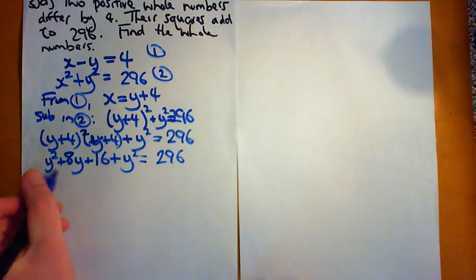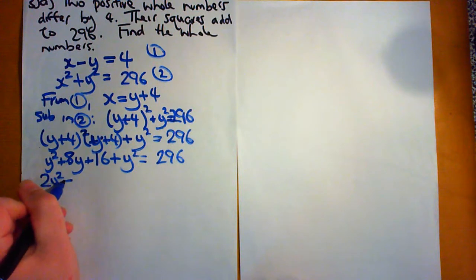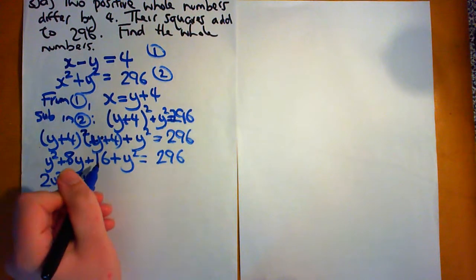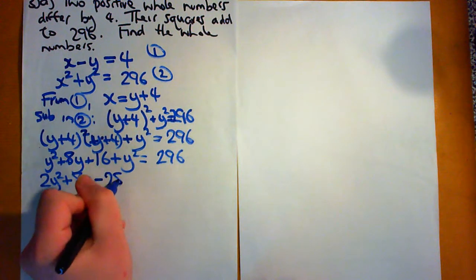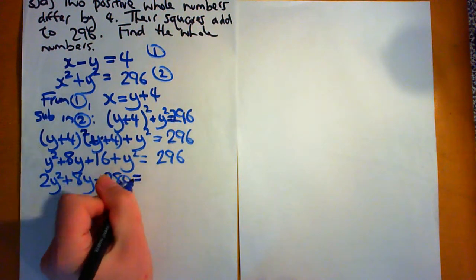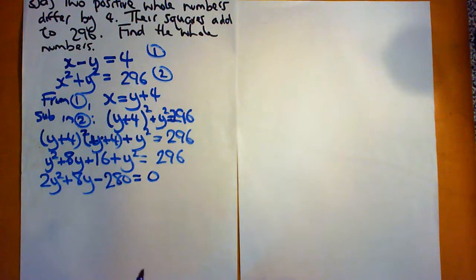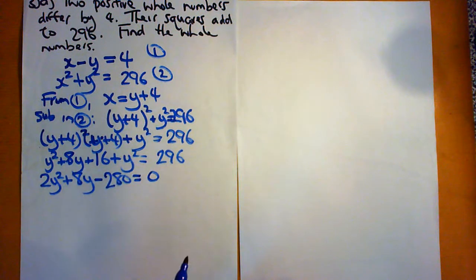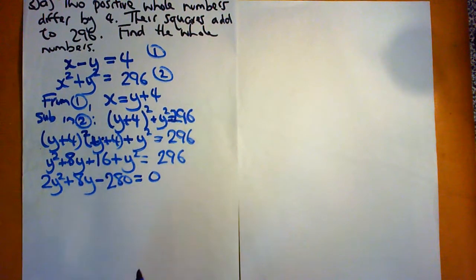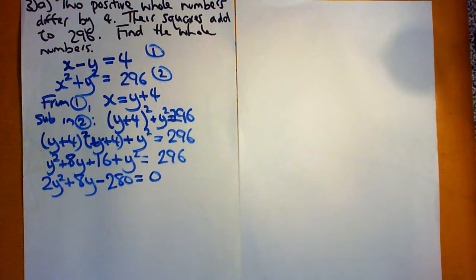So we've got 2y squared plus 8y plus 16 minus 296, which is minus 280, equals 0. Now we move the 296 over to this side because we want to have everything on one side of the equation. This is a quadratic.